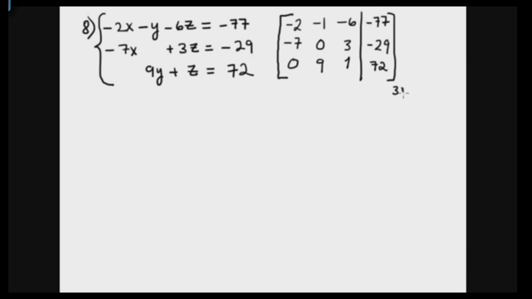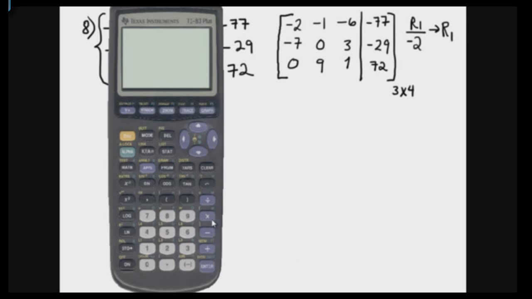You put it in the calculator or you put it in GeoGebra. So you are doing it step by step. You divide the first row by -2. Why? Because I need 1 in the first pivot.